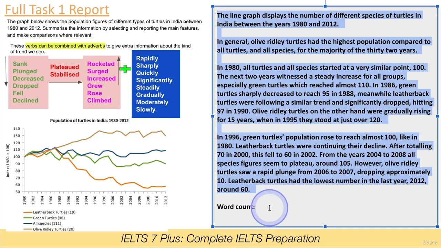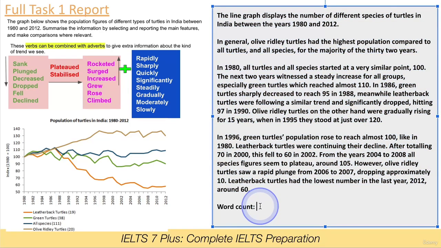All right, so this brings us to 195 words, so slightly over the 150 word minimum here, but there is no upper limit. So if you are a fast writer or typer, you can, of course, add more information, as long as you're following this structure. You can omit some examples from here to make it a bit more succinct if you want to, or you can add to it.